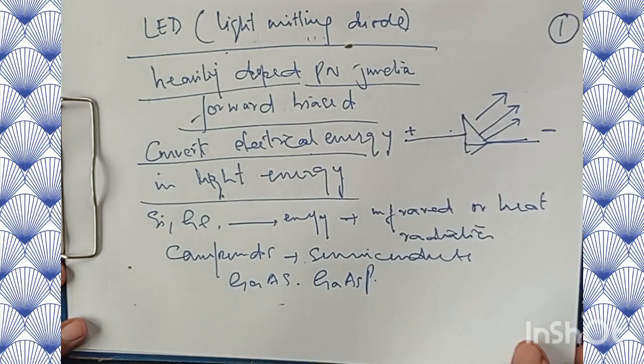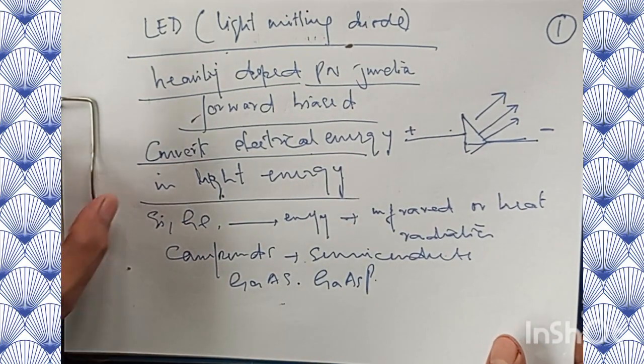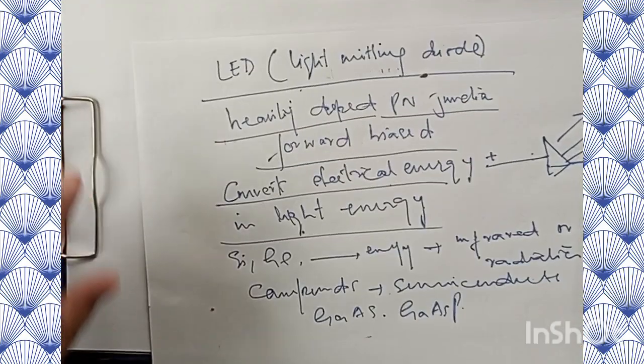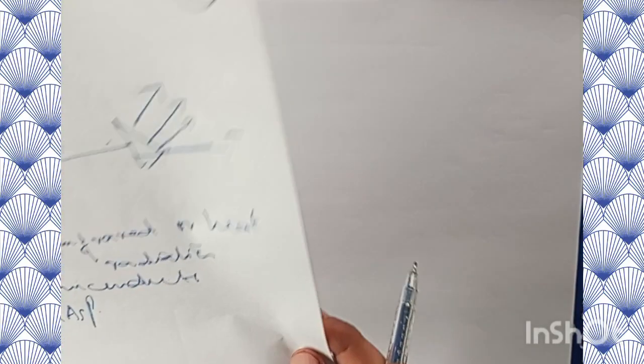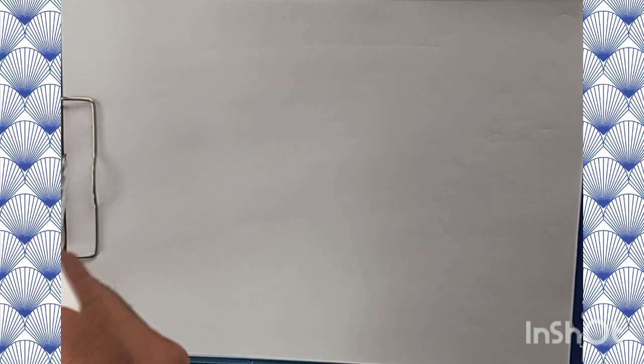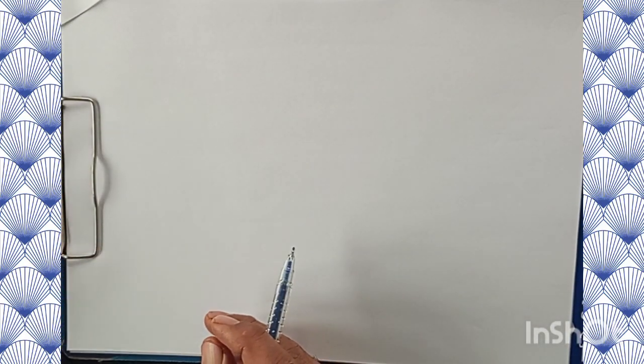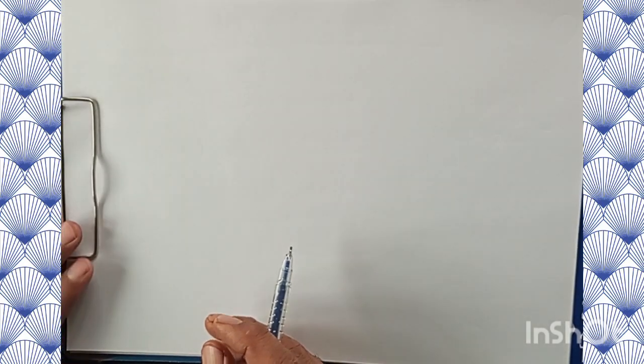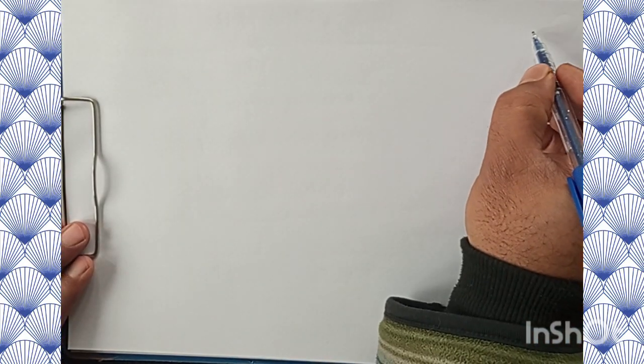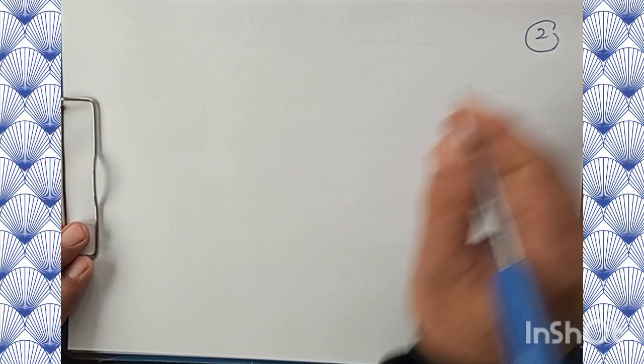Now, to move on from here, this is the symbolic presentation of a specially designed PN junction which emits light radiations when we forward bias it.